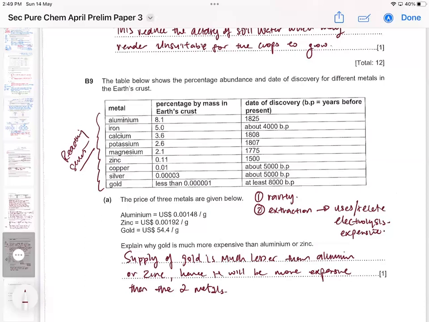That's why this might coincide with the discovery of electrolysis that allows those metals in the upper block to be found relatively close to each other. Okay, so this is one of the skills that you all need to infuse in reactivity at date of discovery. Okay, without further ado, let's go to the question proper.